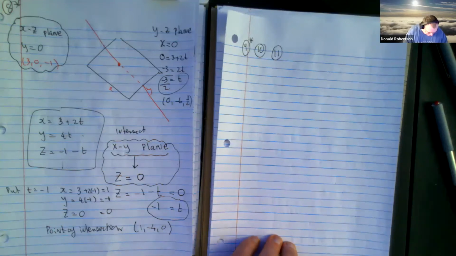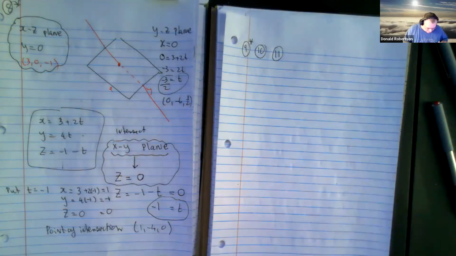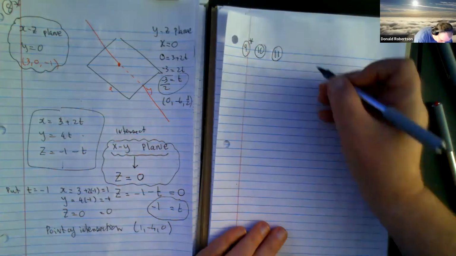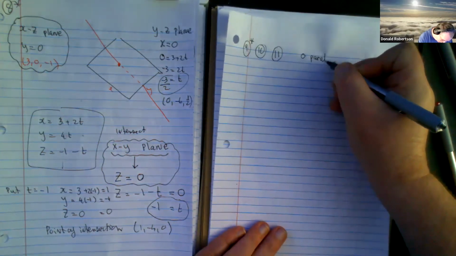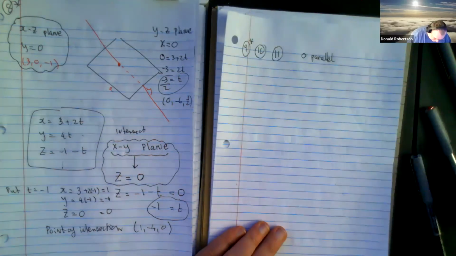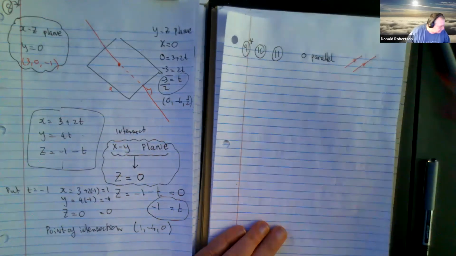The last bunch of questions are all to do with, they will give you the equation of 2 lines. And you are trying to decide which one of the following 3 things is true. Are the 2 lines parallel to each other? So would they look like this in 3D space?